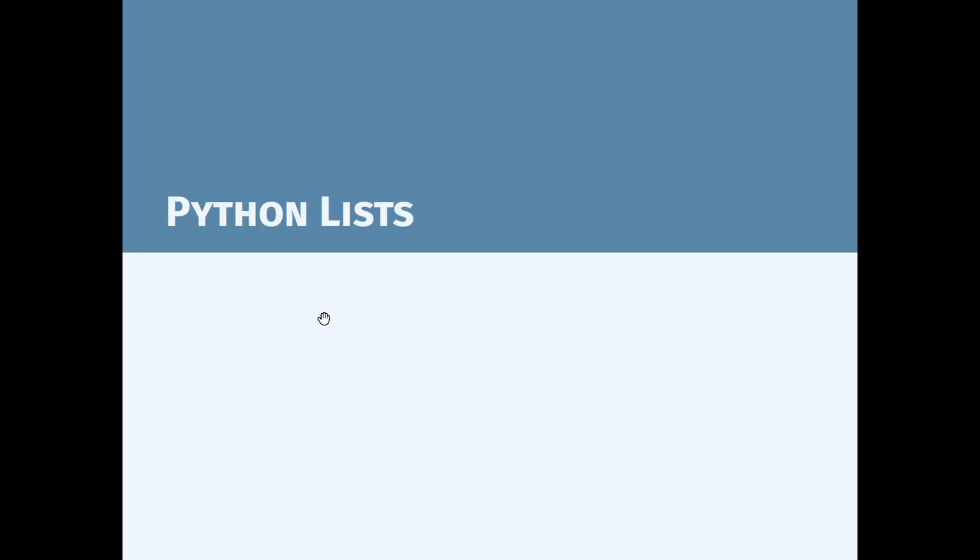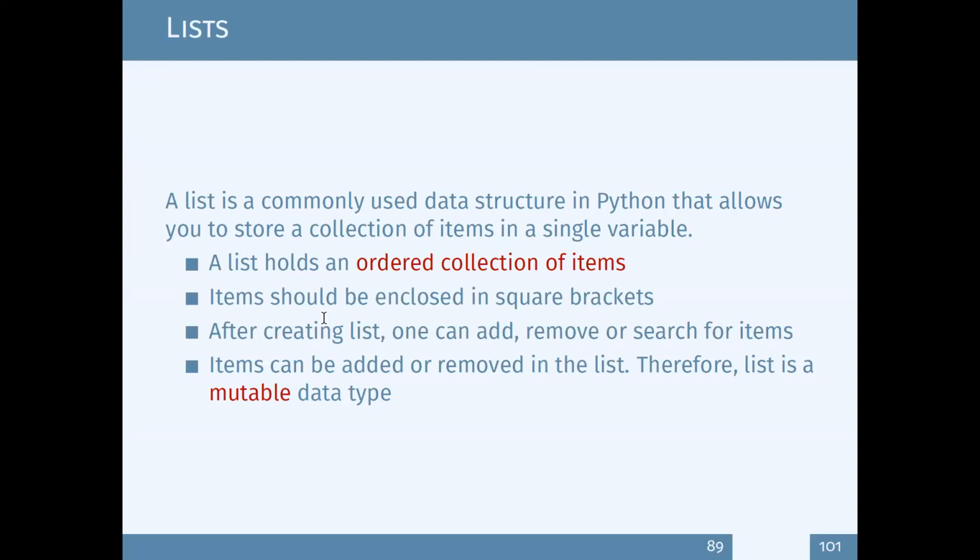Python list is one of the data structures available in Python. So you can use a set of items, or a collection of items, under a single variable name. This eases the burden of generating multiple variables. If you try to give different names, it might be difficult for us.